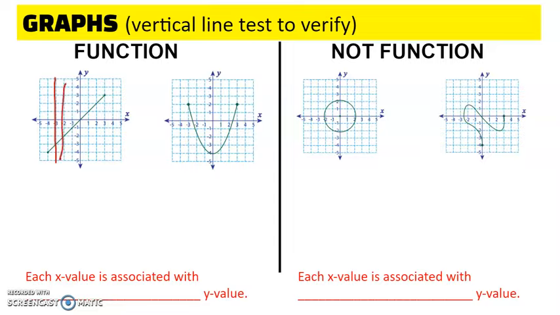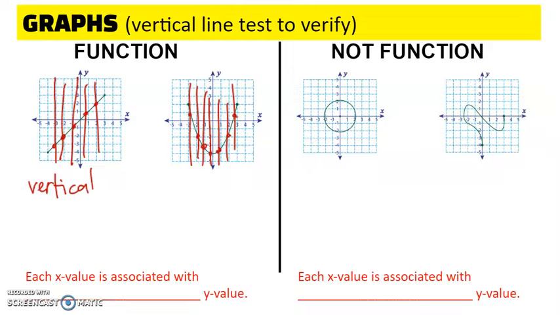If I were to draw this, it only hits my graph once everywhere. If I draw it here, okay, and you can do this when you have something, you can take your pencil and slide it across your graph, okay? It should only hit your graph in one location. That proves that the x values don't repeat.